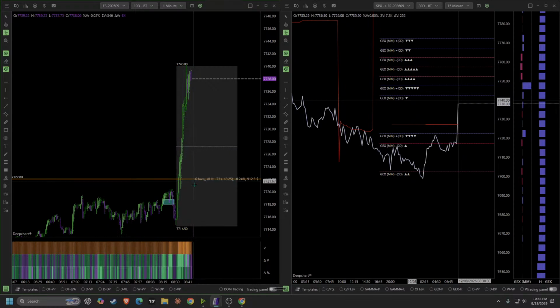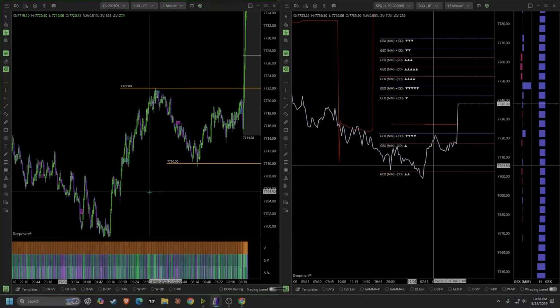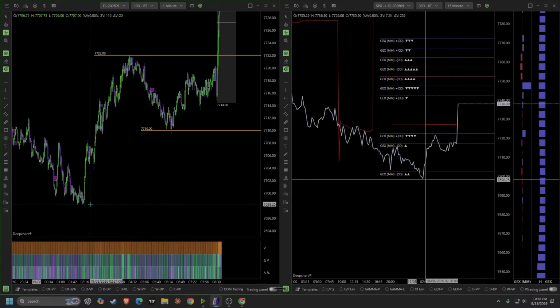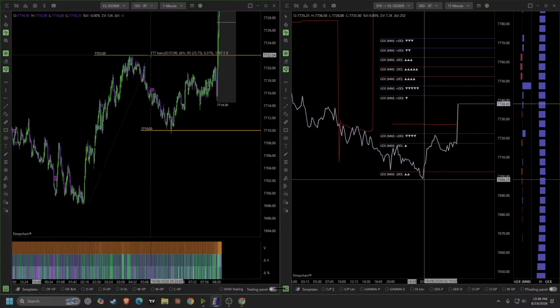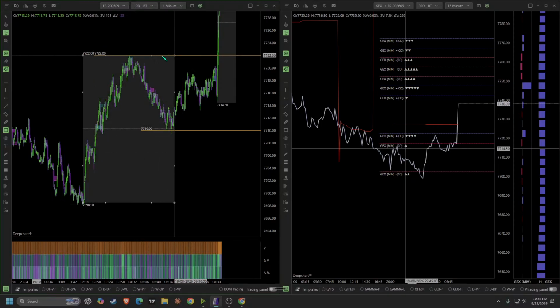So let's see this move right here. So this pre-market move was 25 points. Pretty big move. Approximately the same as this move.